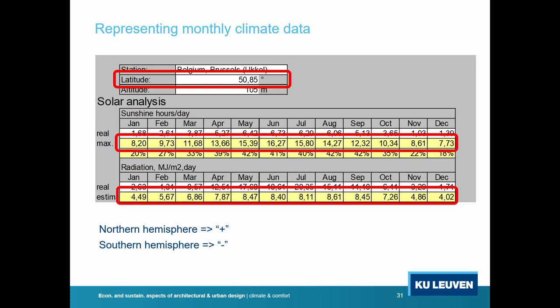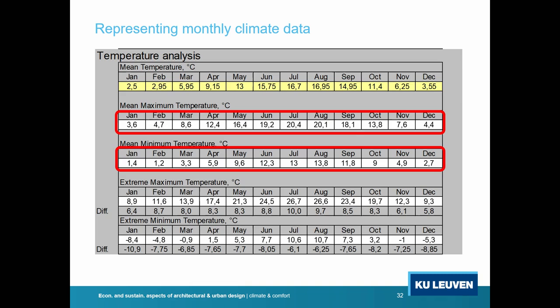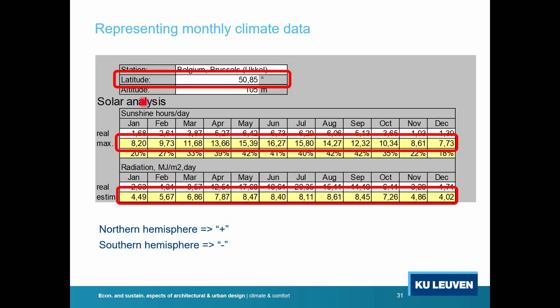So these are automatically calculated based on the latitude, positive for the northern hemisphere and negative for the southern one. Then you need to find the data on the sunshine hours yourself and fill it in the white cells here just on top. And these typically will be lower because of the real clouds.